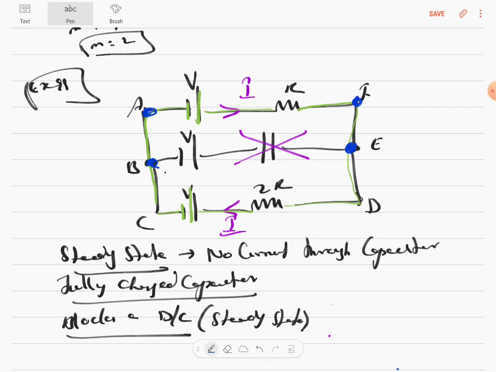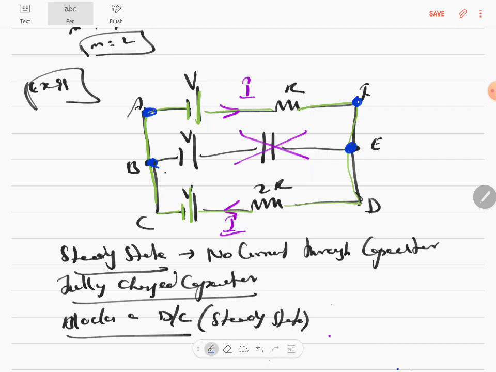In a steady state, when the capacitor is fully charged, no current is flowing through the middle one. So there's no current which is going to flow through the capacitor. But that doesn't mean the capacitor doesn't have a voltage, okay? The moment the capacitor gets charged, it acquires a voltage. Even though the current is not flowing, it will have a specific voltage, definitely.